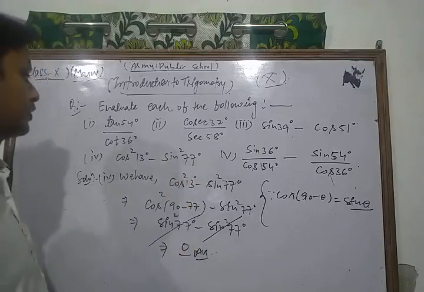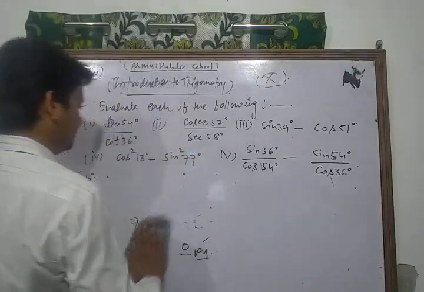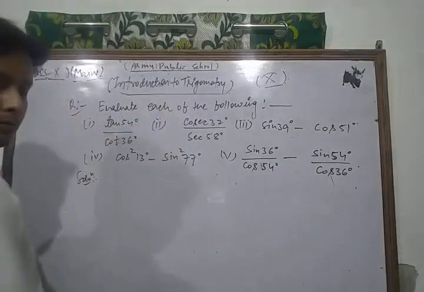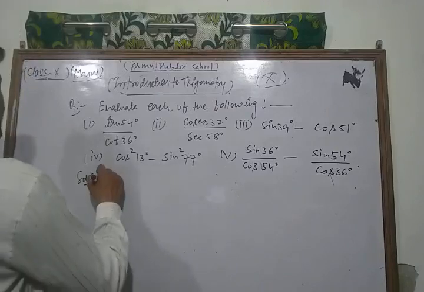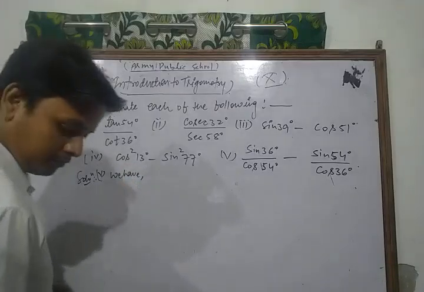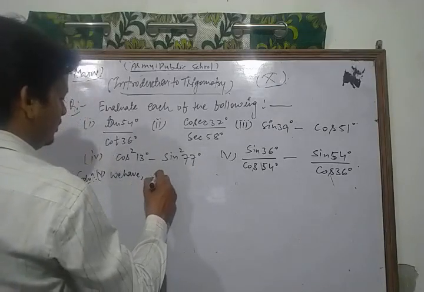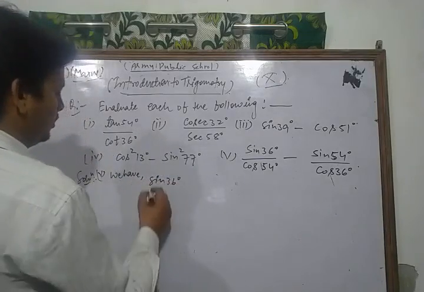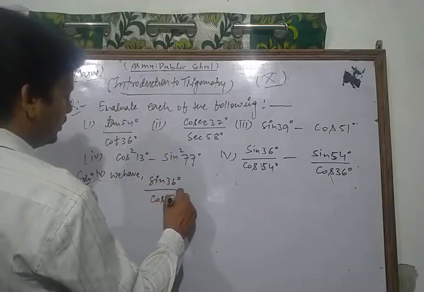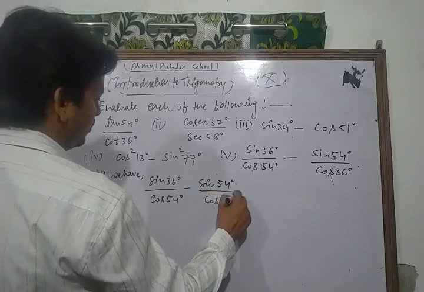Now we take and solve the last part of this question, the fifth part. So first of all we write sine 36 degree upon cos 54 degree minus sine 54 degree upon cos 36 degree.